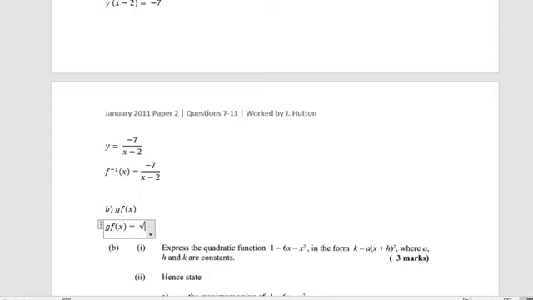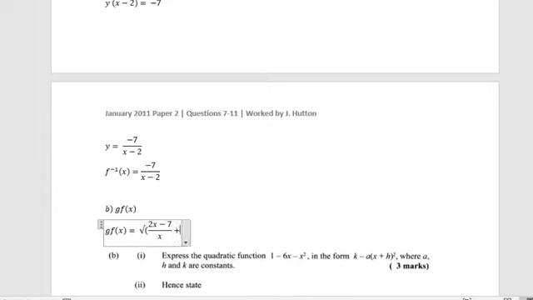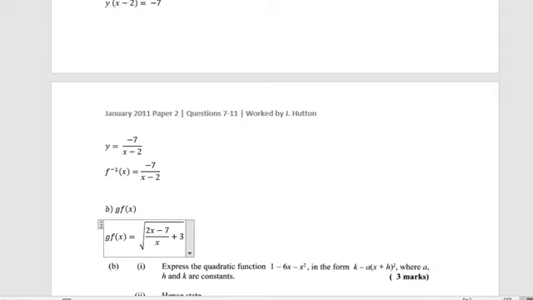So that will be (2x minus 7) divided by x, plus 3. And that is how it will look.